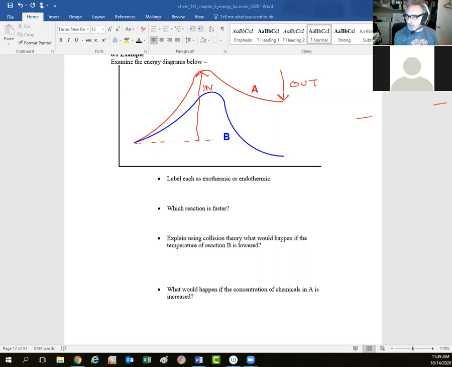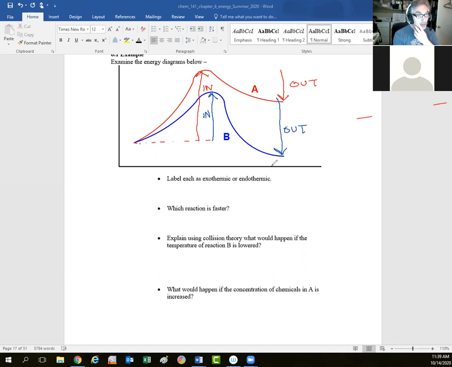In comparison, for reaction B, there's the energy going in, and just overlap my graphs a little bit. There's all the energy coming out.